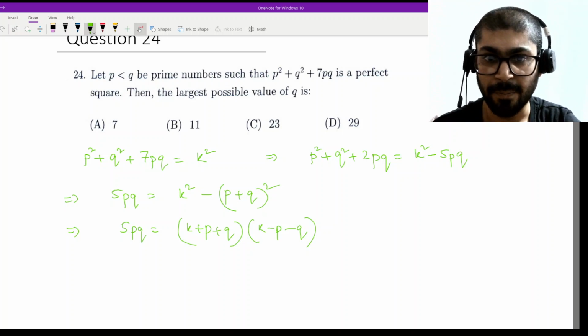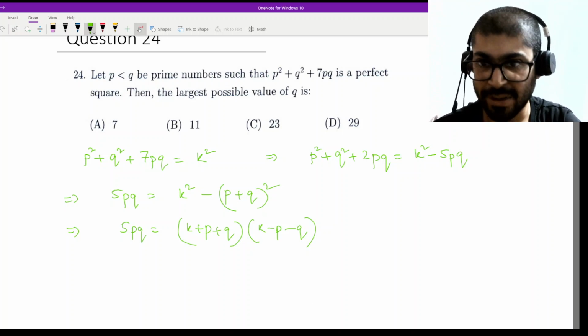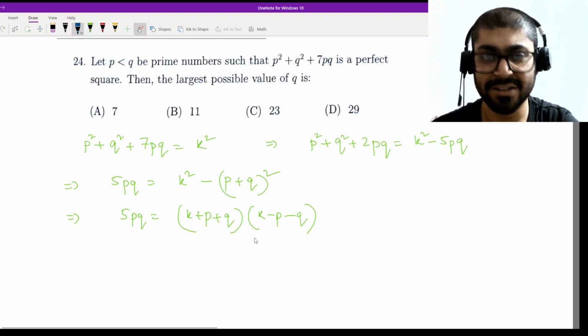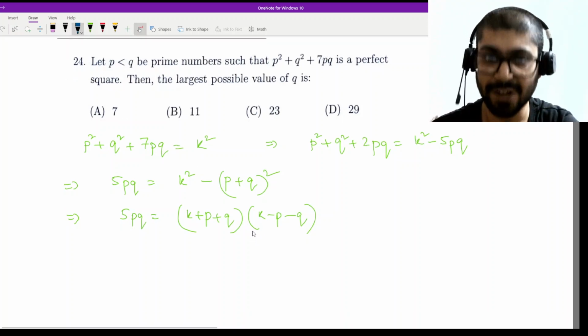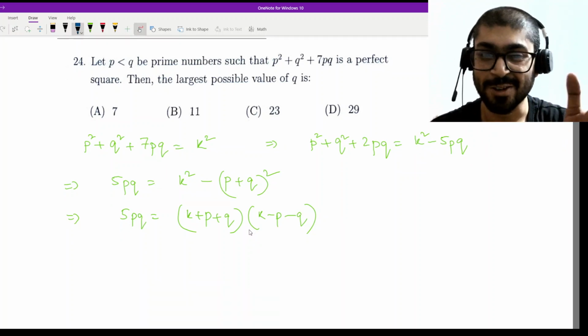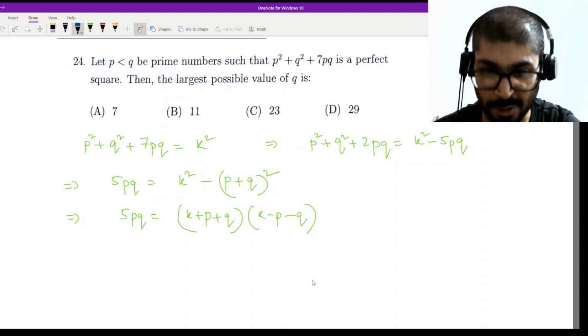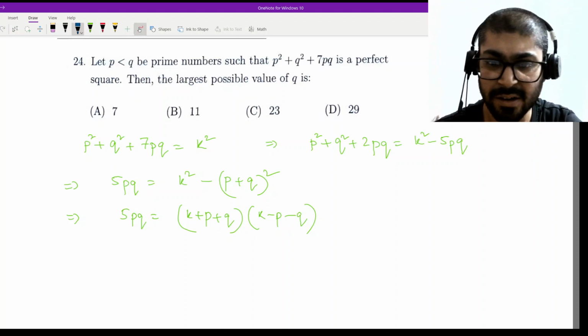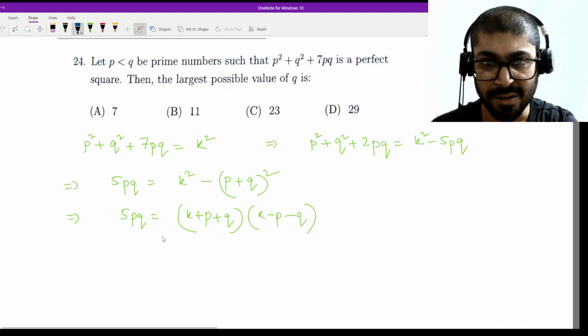Now how do we extrapolate the answer from here? Here we will look into k minus p minus q. We'll look into the positive part, because we do not know the value of k and p and q. So for the positive part, we can have 4 cases.